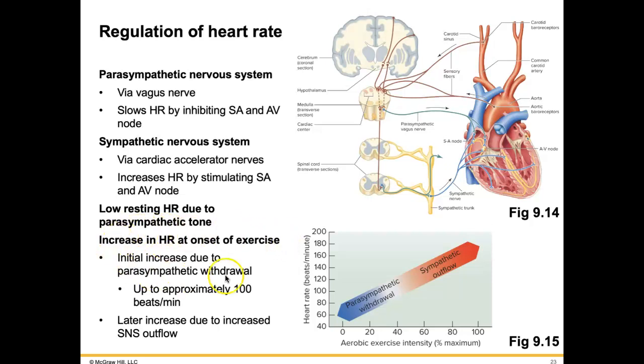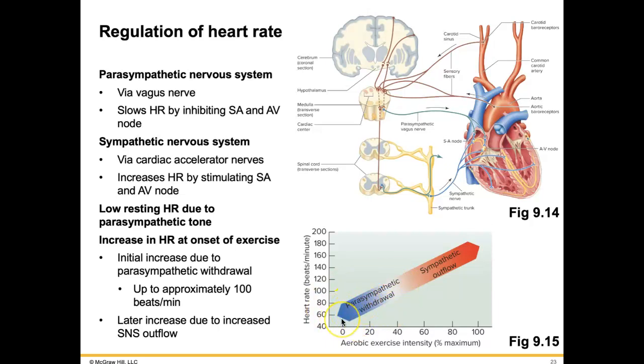And then we see here that our increases in heart rate begin at the onset of exercise due to the parasympathetic nervous system withdrawing at this time. And that is going to be up to approximately 100 beats per minute. And so we see at the beginning here, we have that parasympathetic withdrawal.